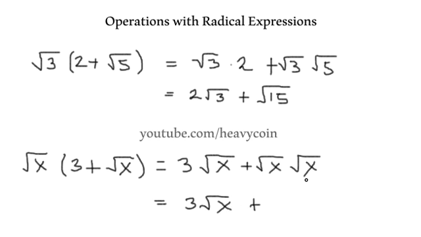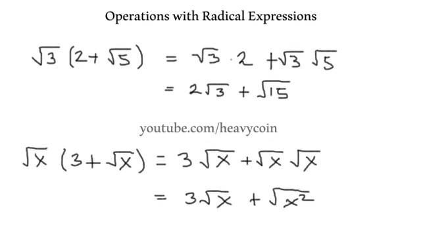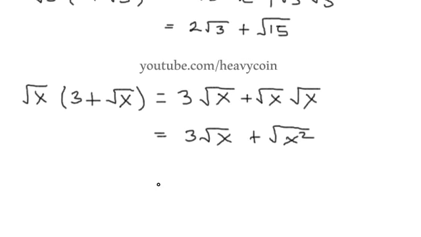Now, a square root of x times square root of x, if I write that under one radical, that's x times x is x squared. But that will reduce down to 3 times the square root of x. Now remember, if I was to write this back from radical into exponential form, remember what we do with the exponents, we multiply them.